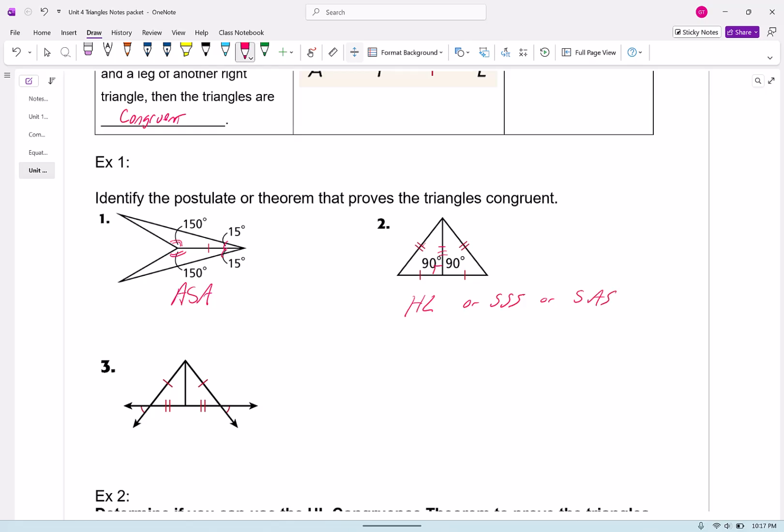Okay, so if I had to write a proof to prove these two triangles are the same, then I would start with some of that information and I would just give a list of what I find. All right, this side is congruent to that side, and this side is congruent to that side, for the third angle theorem, or it's a vertical pair, or it's a linear pair, or whatever.